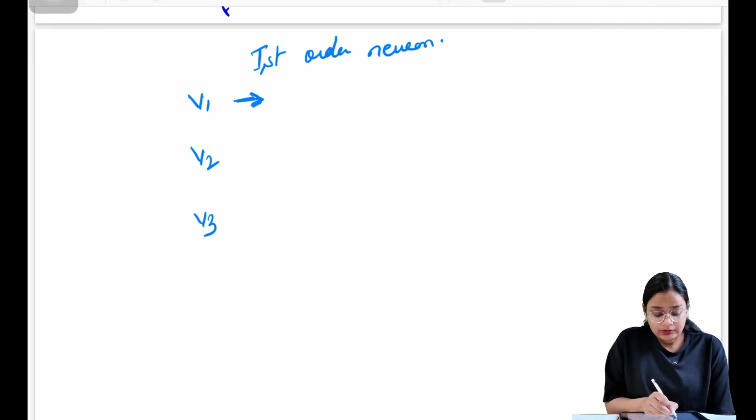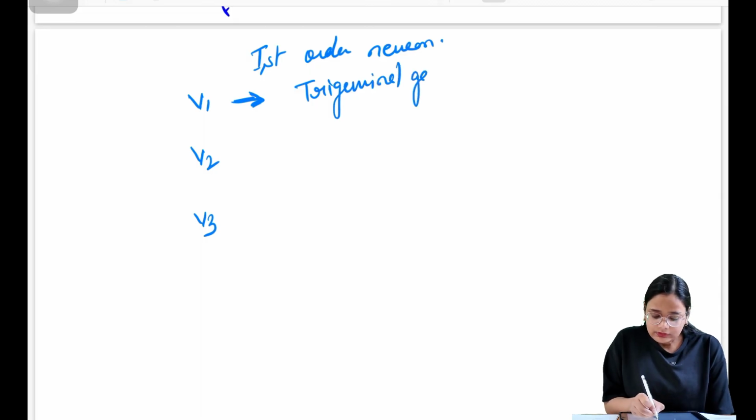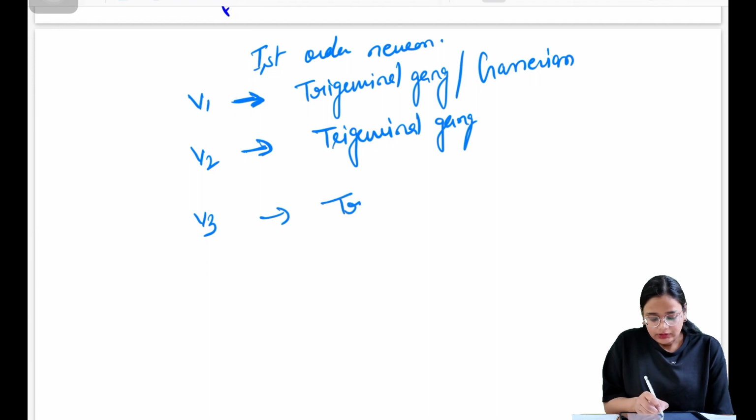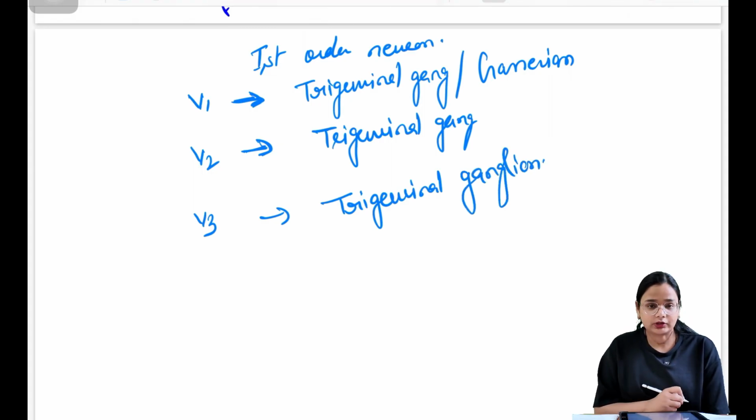The cell bodies of the first order neuron of V1 are present in the trigeminal ganglion, also known as the Gasserian ganglion. V2 has cell bodies in the trigeminal ganglion too, and the third part also has cell bodies in the trigeminal ganglion. Okay, so this is about the first order neuron.